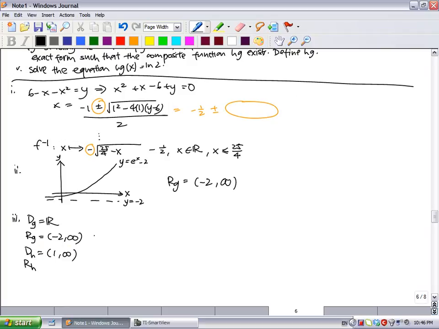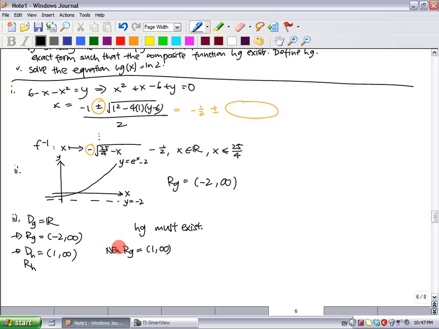But remember, I just need to know now that my composite function hg must exist. So how do I restrict my range of g such that it becomes a subset of the domain of h? Clearly, the maximum range of g I can have needs to be 1 to infinity.